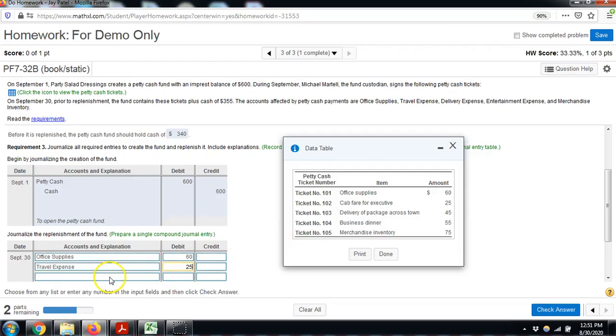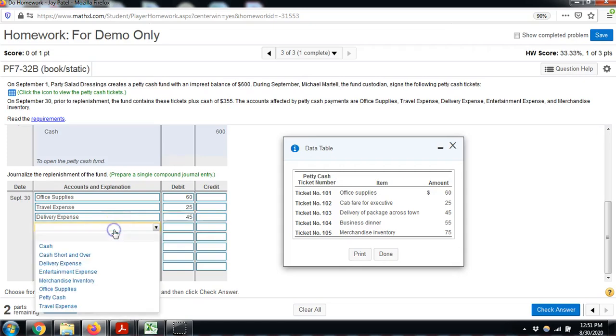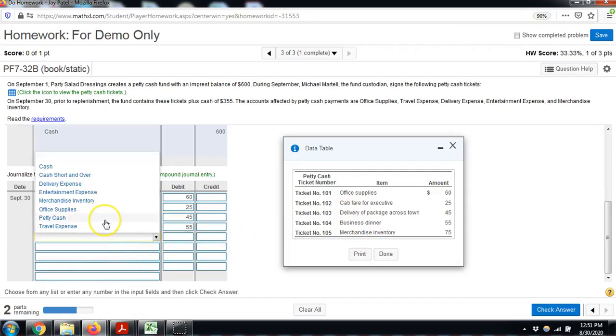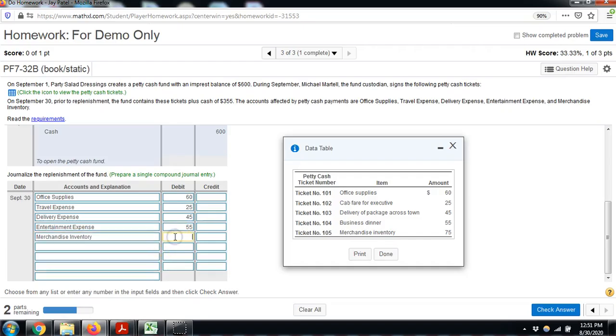The next one is delivery of a package, a delivery expense, $45. Then we have a business dinner, so that's entertainment expense, $55. And then finally inventory of $75. So now we've converted these tickets into actual expenses or assets in our accounting books by this entry here.